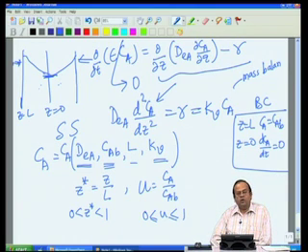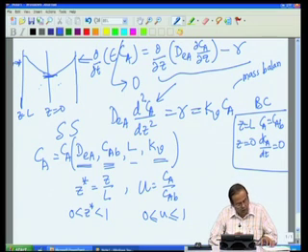When you solve a numerical equation, if the order of magnitude of various terms differ, then you sometimes land up in numerical difficulties. So, this is one way of making sure that numerical difficulties are avoided.